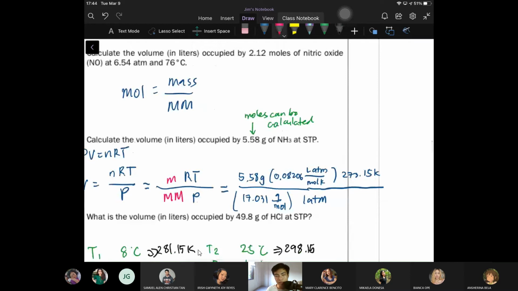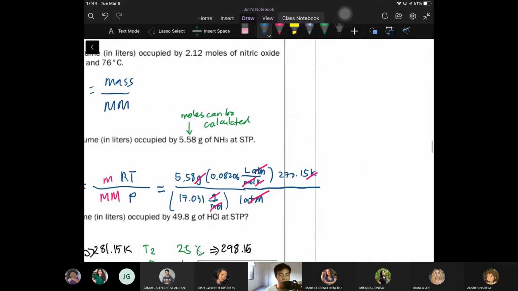Okay, so let's check if our units will cancel. Yung grams magka-cancel, yung moles magka-cancel, atm will cancel, Kelvin will cancel, the final unit is liter. So that means our equation is correct. Okay, tama yung ating equation. Kasi ang naging final unit ay liters.